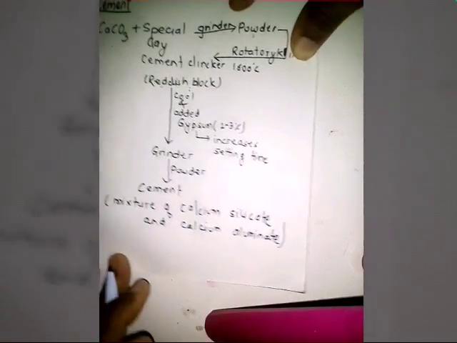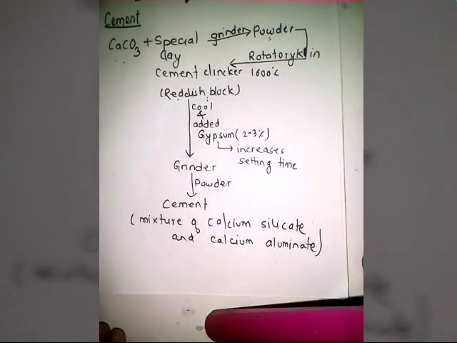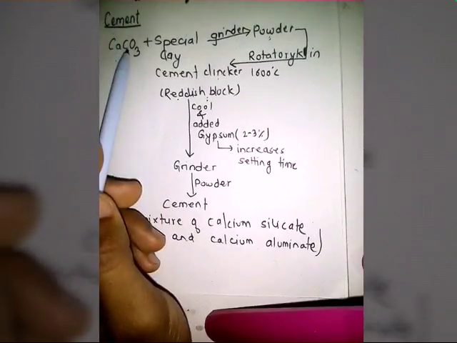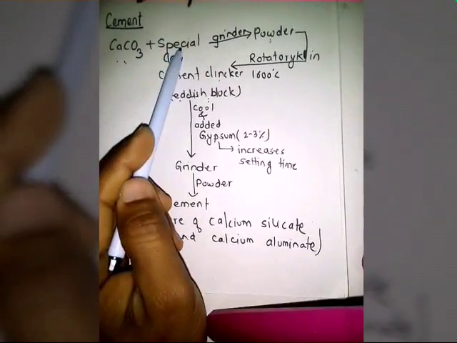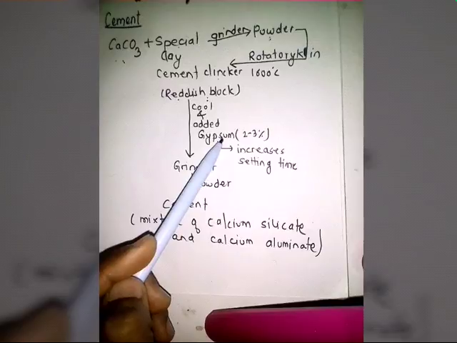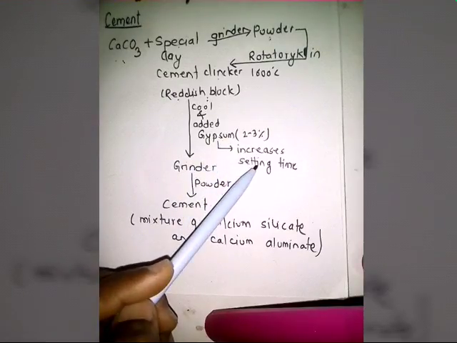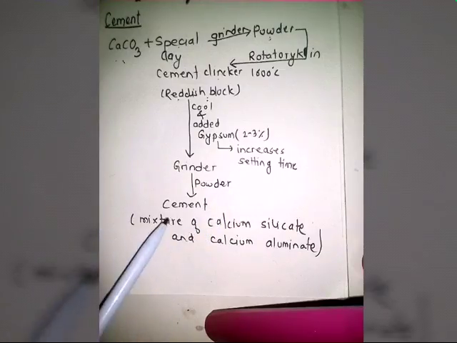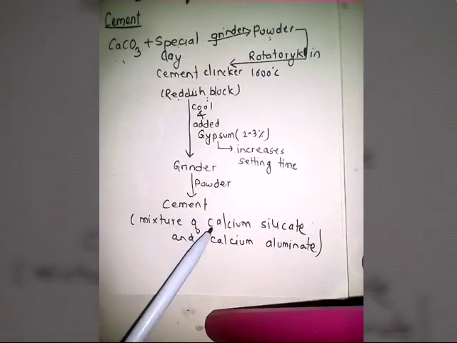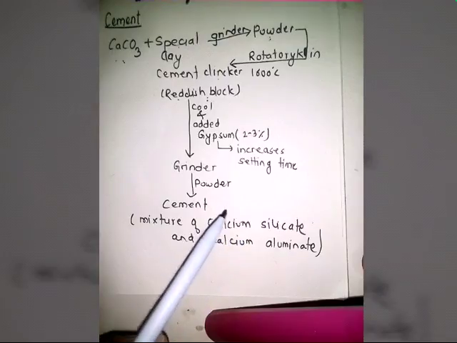So we have some major important questions. Raw materials for cement: we have calcium carbonate, special clay, and gypsum. Next important question, why is gypsum added to cement? To increase the setting time. And the next important question, what is cement? The mixture of calcium silicate and calcium aluminate is called cement.